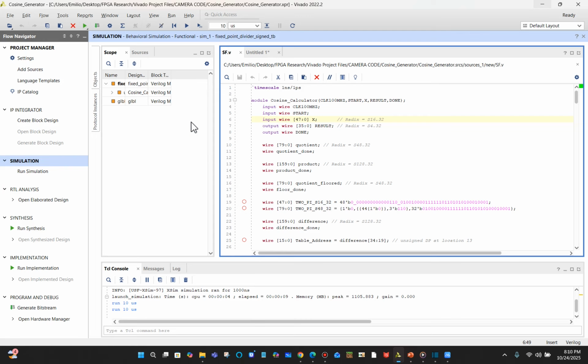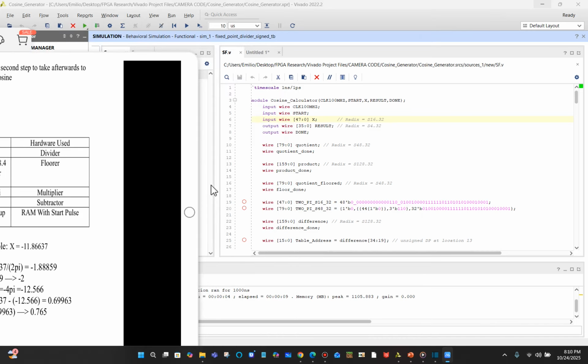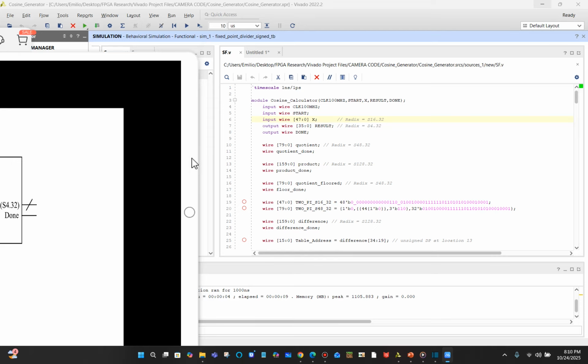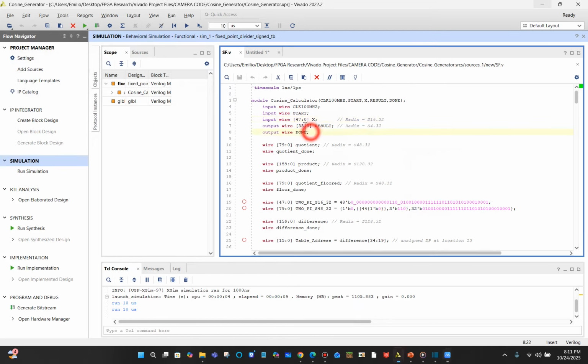So here is our Verilog module implementing the hardware level algorithm that we discussed earlier. You can recall these are our ports, and we have all of those defined here. We are using these radixes, 16.32 for our input and 4.32 for our output, and they're both signed.